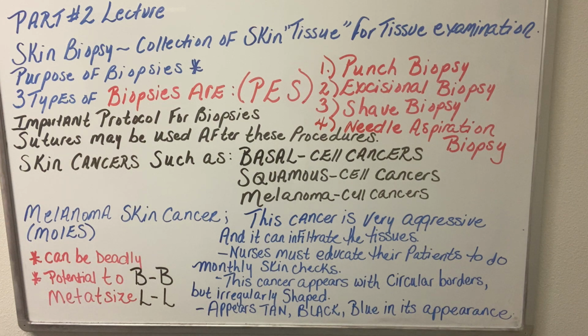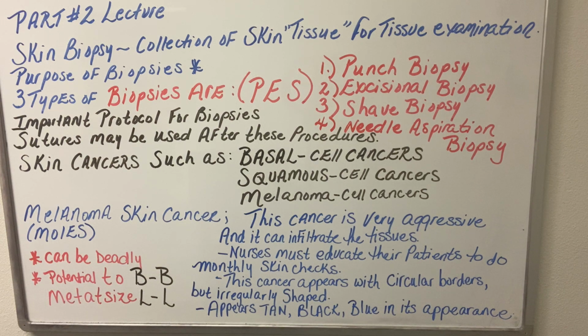The next biopsy is the excisional biopsy. When they do excisional biopsies, the physician actually wants to remove the whole lesion or the whole mass, so they can send it in for testing as well. Keep in mind with the NCLEX, you need to know that excisional biopsies are more required when you have a mass that's sitting pretty deep into the skin. It's not really superficial.